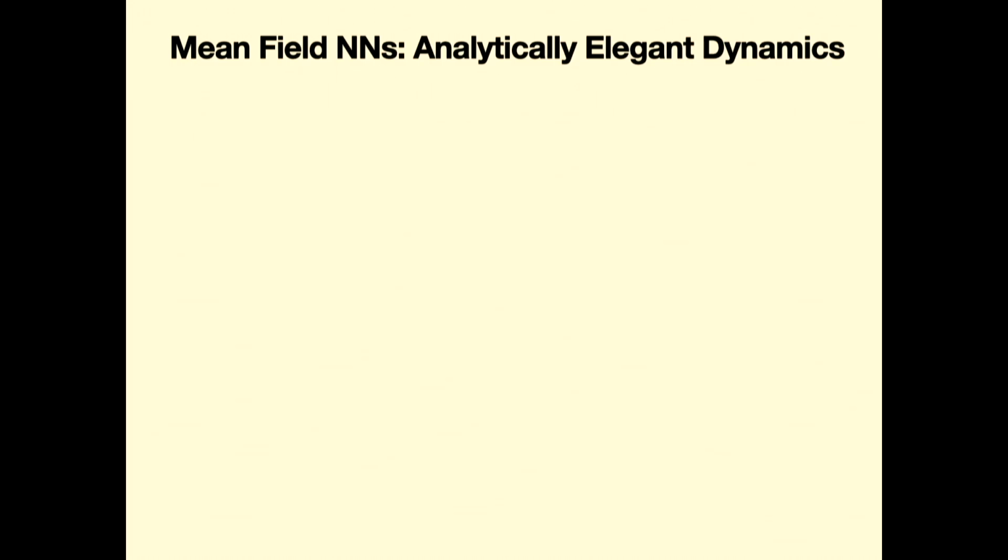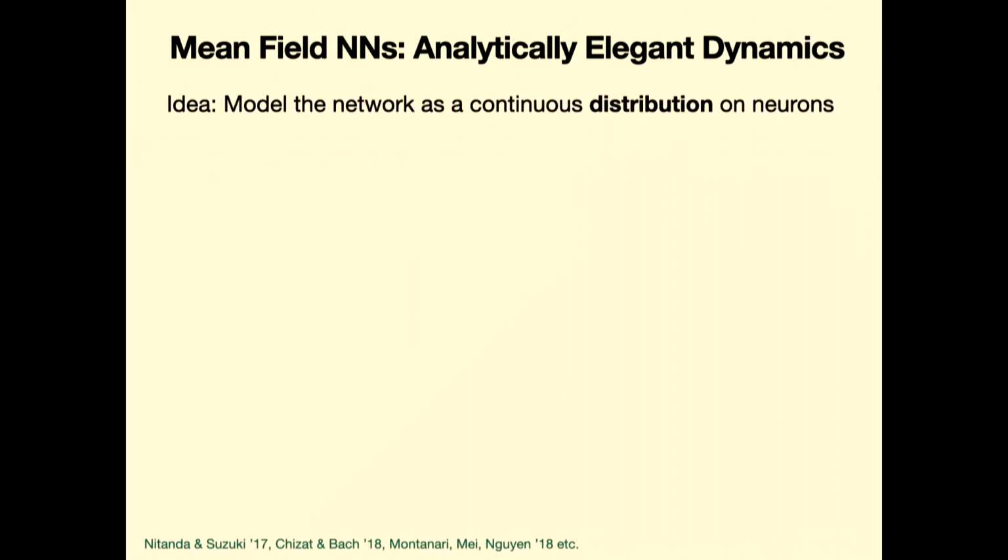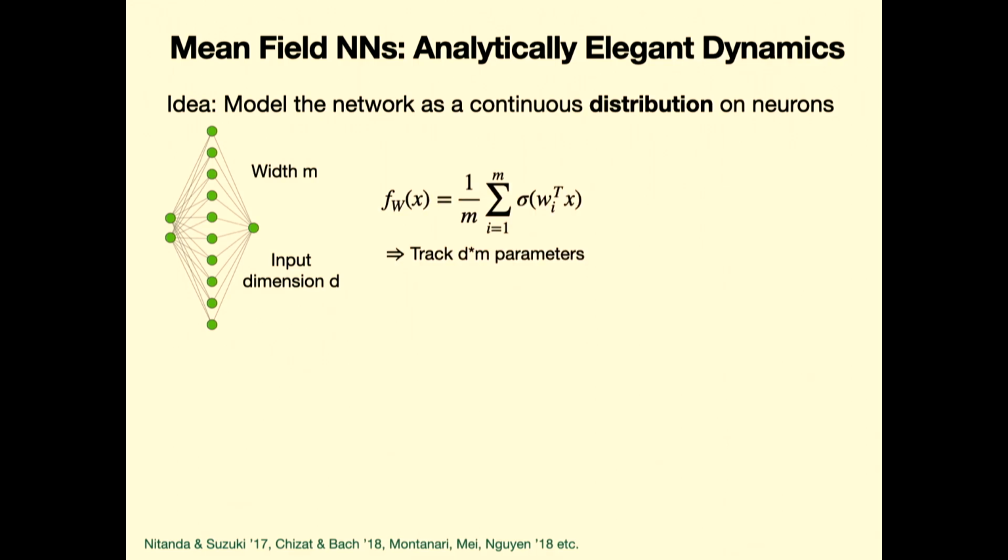Another reason why we might care about infinite width neural networks is that it's possible to derive, in a lot of problems, very elegant training dynamics for them. This idea comes from modeling the network as a continuous distribution on the neurons. So for a width m neural network, when m is finite, if we want to track the dynamics of this neural network, and the input dimension is d, then we need to track d times m different parameters and how they evolve in time.